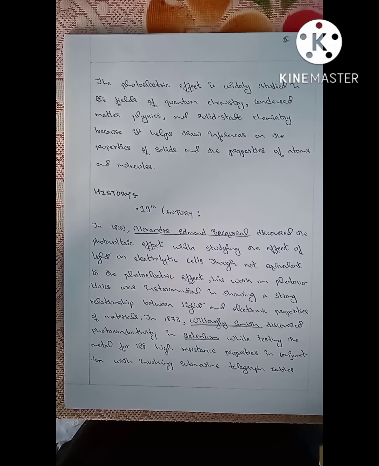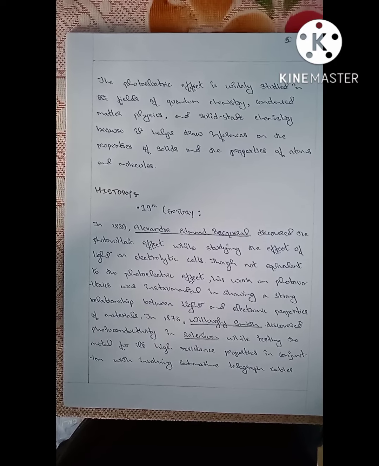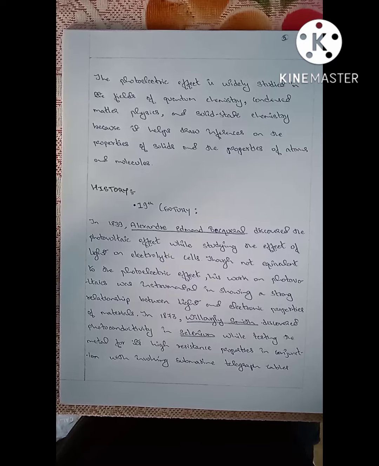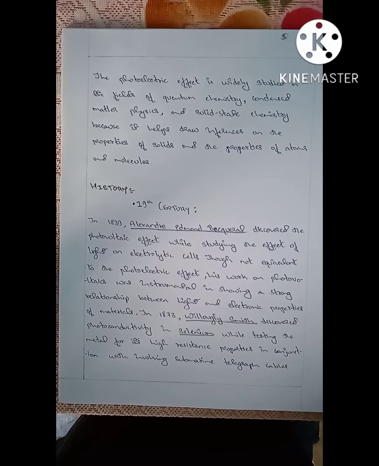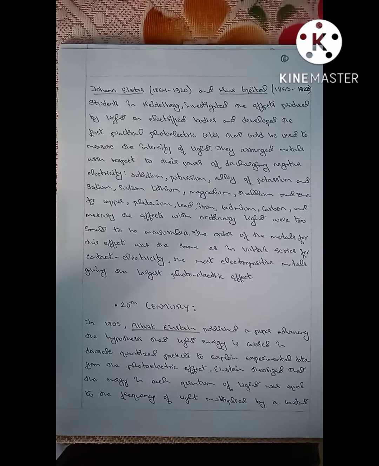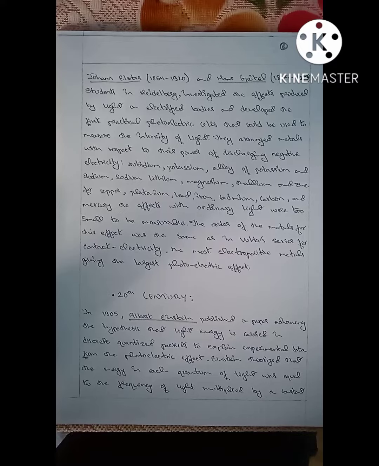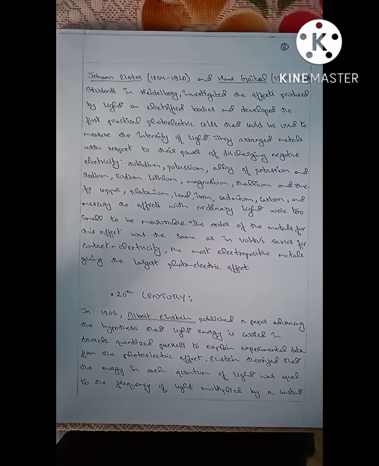In 1873, Willoughby Smith discovered photoconductivity in selenium while testing the metal for its high resistance properties in conjunction with submarine telegraph cables.